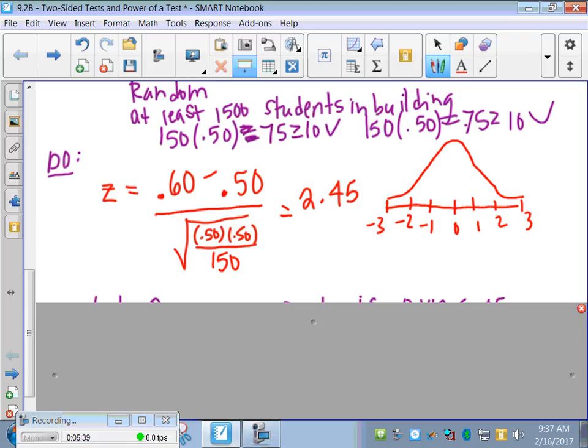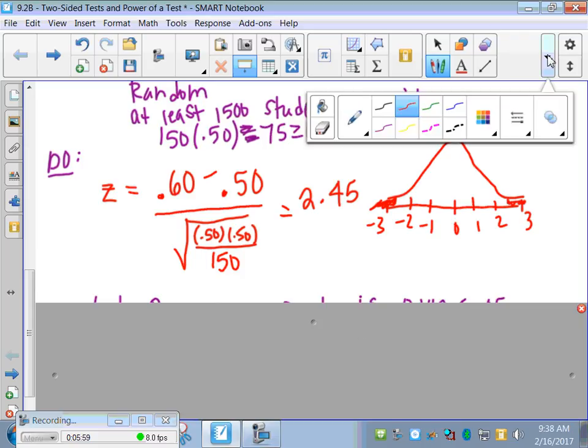So your z-score is to the right of 2.45, about right here, and to the left of negative 2.45. That's new, that's important. So draw both tails when you do these z-scores. Assume plus and minus.